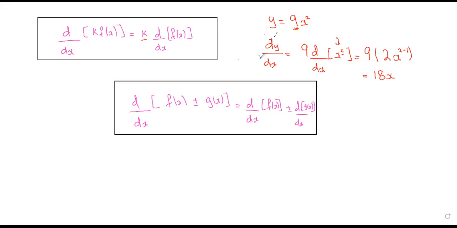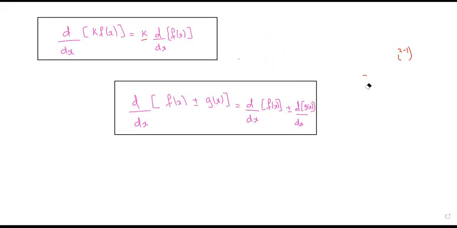I was just doing it in steps so you're able to understand why it's 18x, but you certainly can directly multiply 2 with 9 and write it down as 18x. That's not an issue. So this was the example for the first rule. And for the second one, let's say you have y equals x cubed plus x squared plus x.